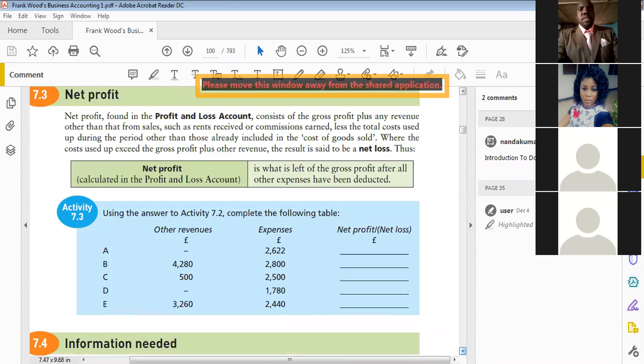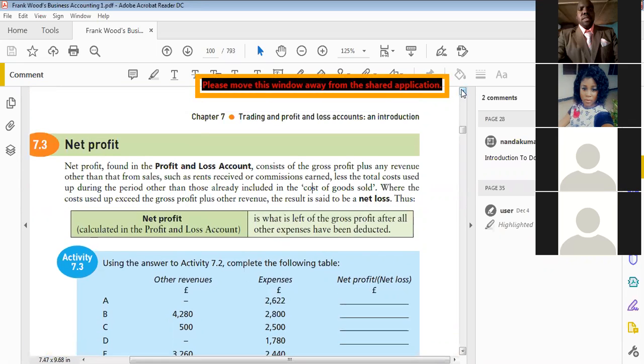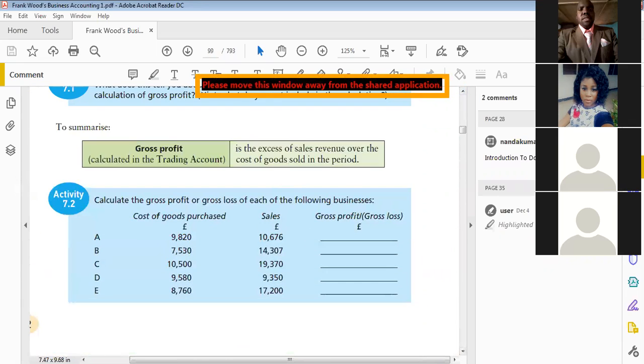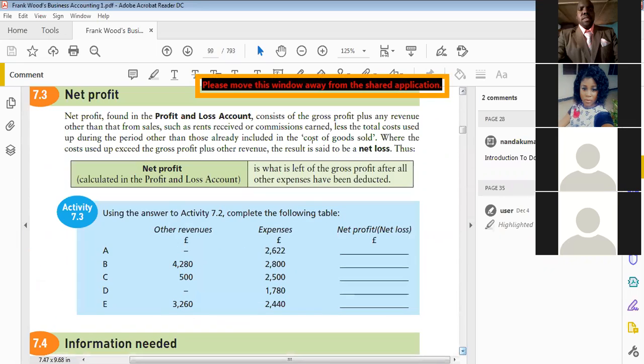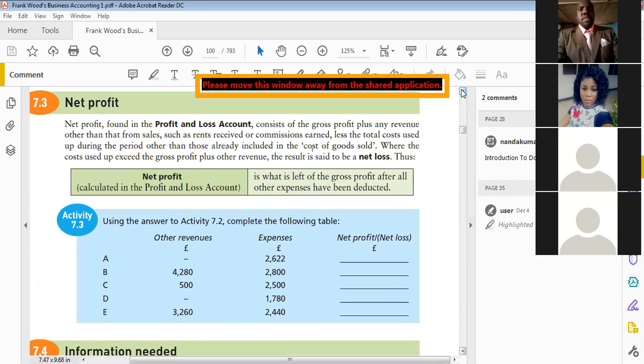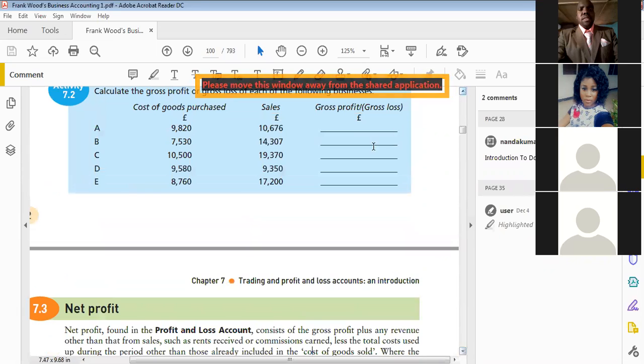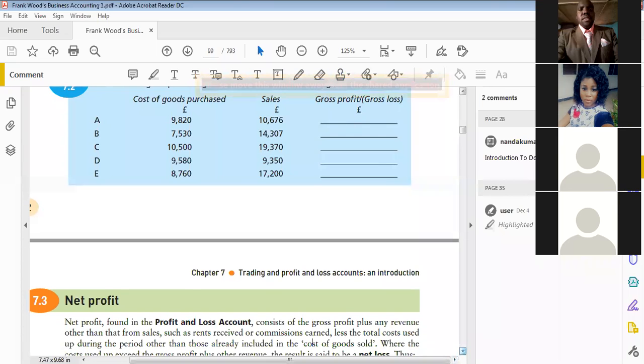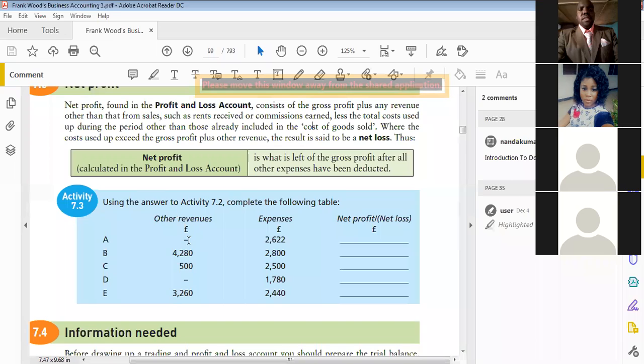Now, we are going to use that part to help us calculate down here. So what's going to happen now is that you're going to add 856, which is your gross profit, plus your other revenue, which is what? 0, right? In this case, other revenue is 0.